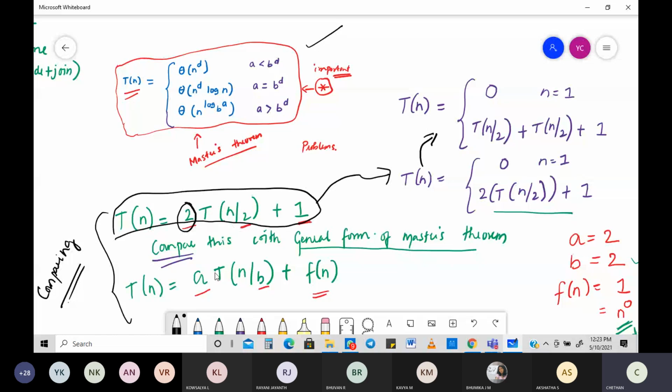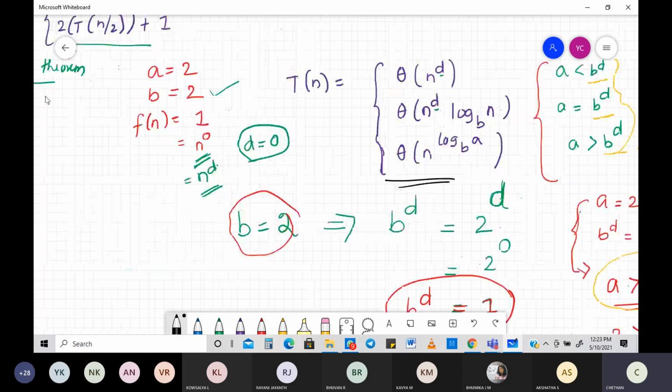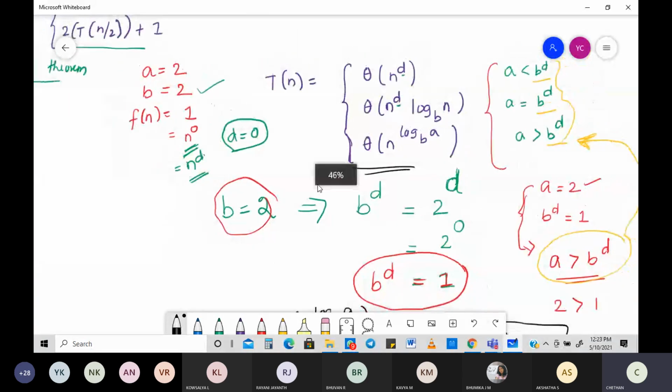Based on that, you found out the values of a, b, and f(n), where f(n) is equal to 1. Based on that, you figure out the entire values.